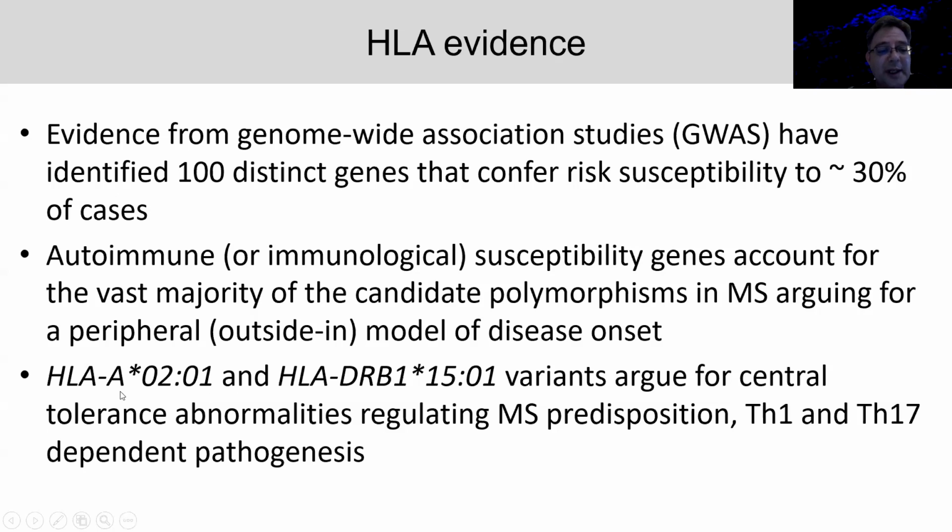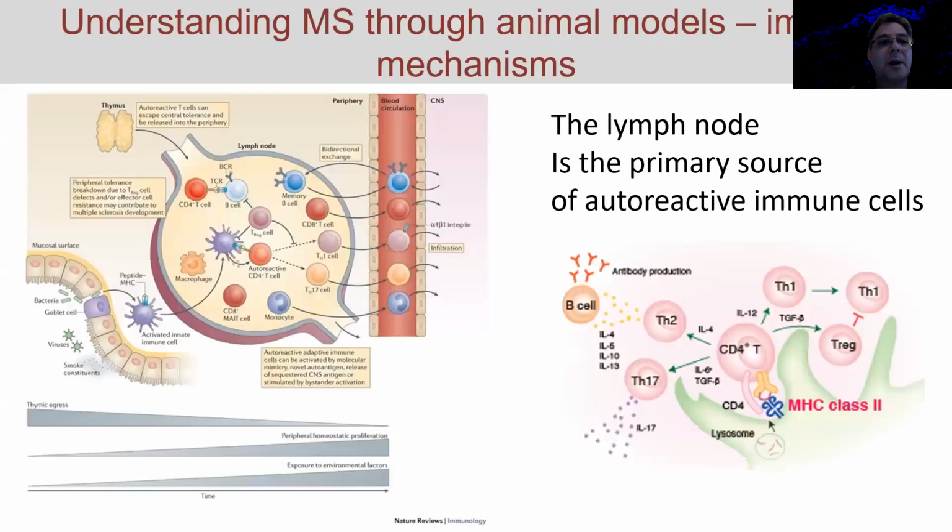And the genes specifically defined are HLA-A, HLA-DRB1, particularly. These specific variants argue for central tolerance abnormalities that regulate MS predisposition and suggest that tolerance in the thymus has been overcome, and we essentially have TH1 and TH17 responses prevalent in MS pathogenesis. So let's have a look at the immunological cascade just briefly.